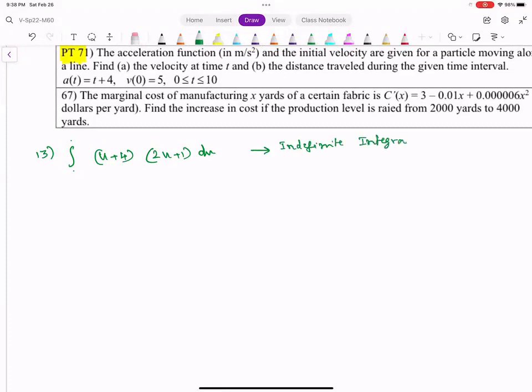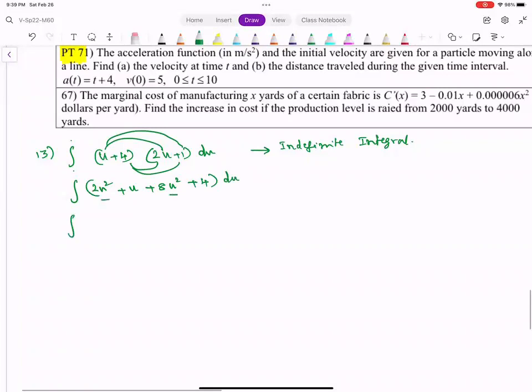The indefinite integral will end up with a function plus an arbitrary constant. So to do this, we will FOIL, so it is 2u square plus u, then 8u square plus 4. Let's simplify, combine the like terms.